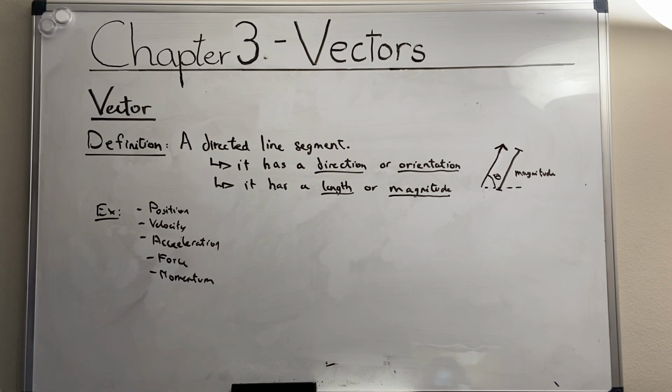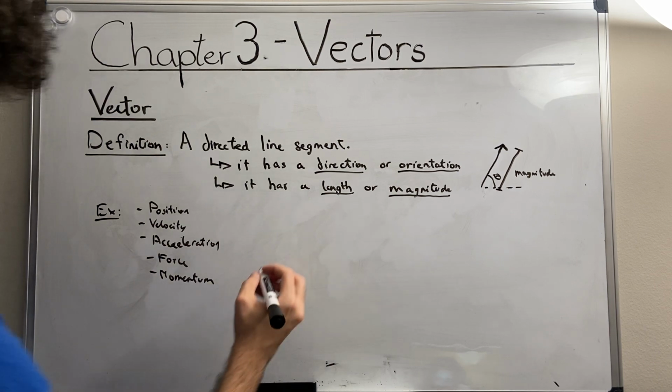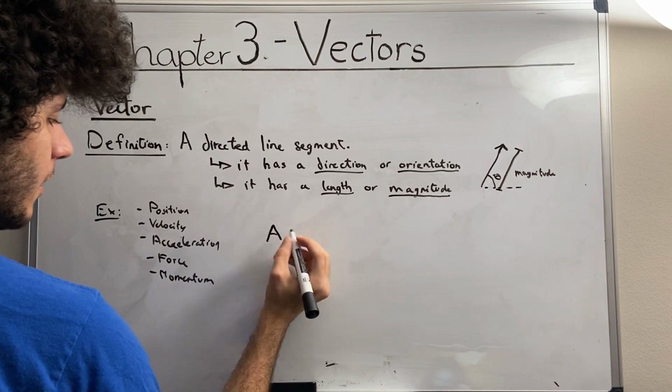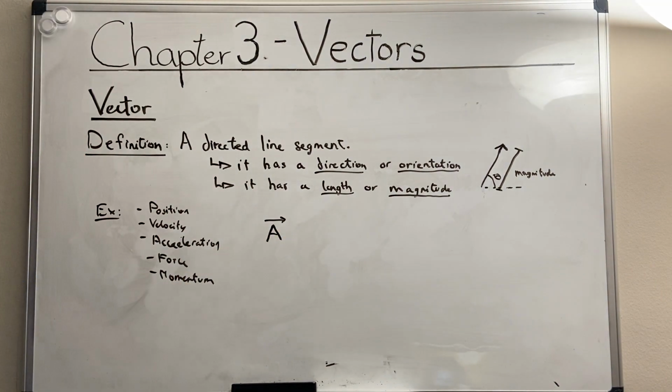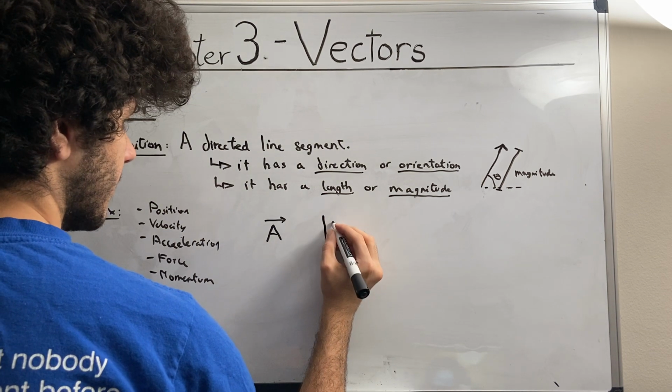And usually we have a convention for naming these vectors. If we're talking about the vector A, we usually put an arrow over its head. That's how we represent vectors with a letter. And usually the magnitude of the vector is written like this.